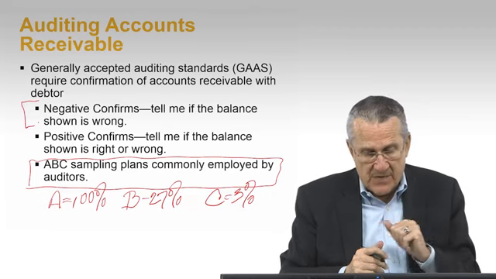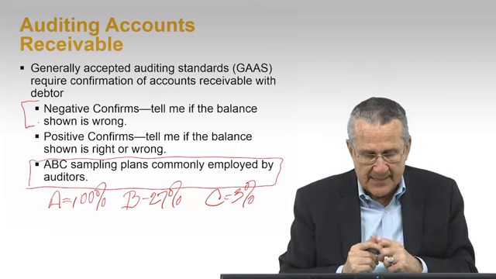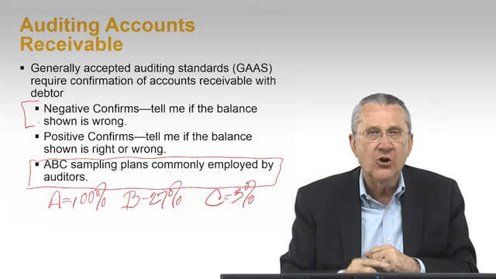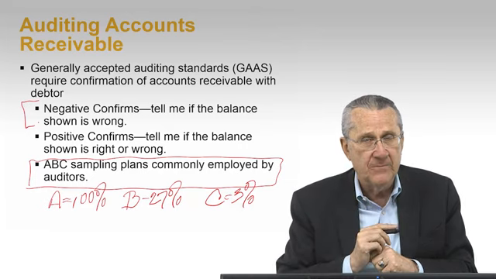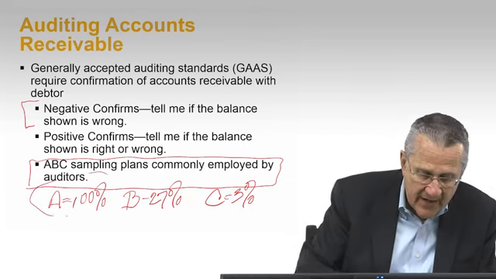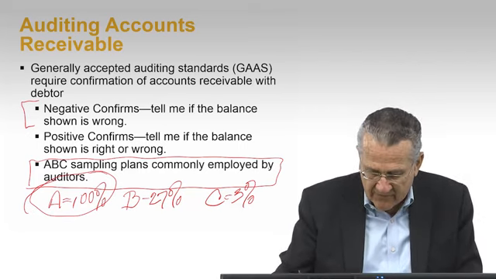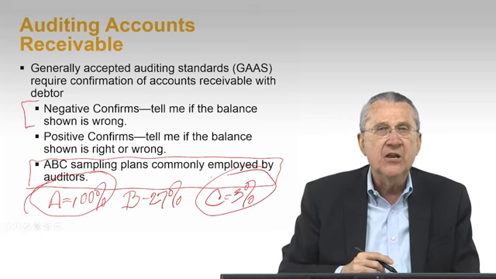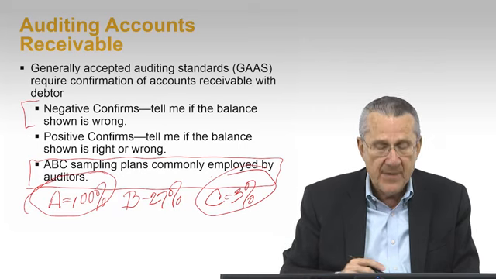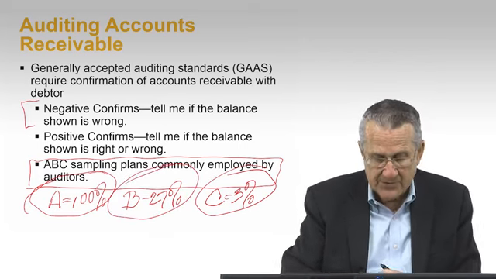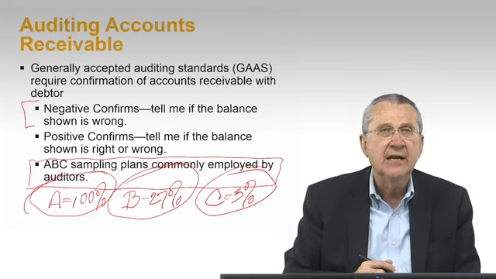And a positive confirm would ask that customer or that client, tell me if the balance shown is right or wrong. I want to hear from you. And that's where we tend to find positive confirms used for these accounts. And for these accounts which are individually immaterial, we may use negative confirmations. The decision is the auditor's as to whether you use a negative or a positive confirmation here.